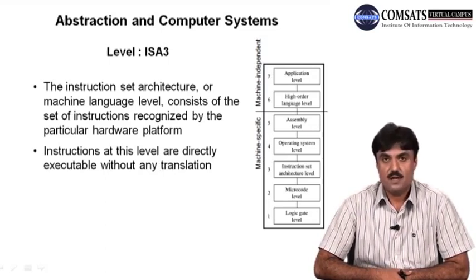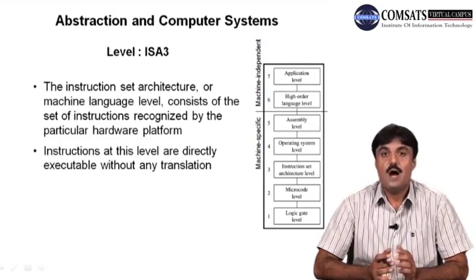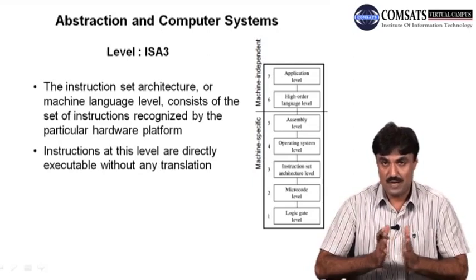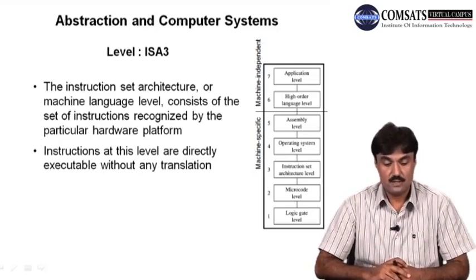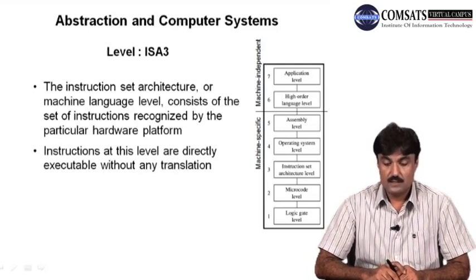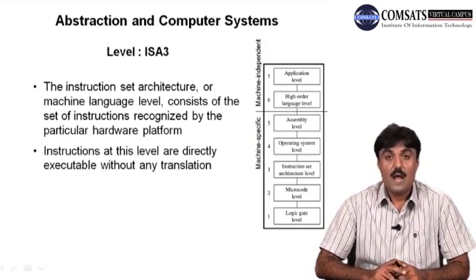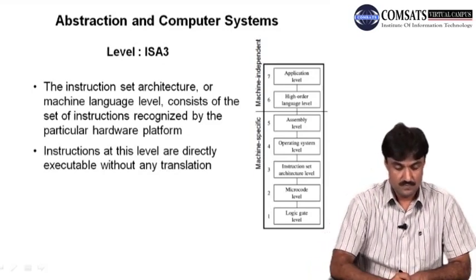We will discuss how they are divided into two main categories, CISC and RISC, in more detail. But at this abstract level, these instructions are directly executable without any translation, because they are directly understood and executed by the machine.